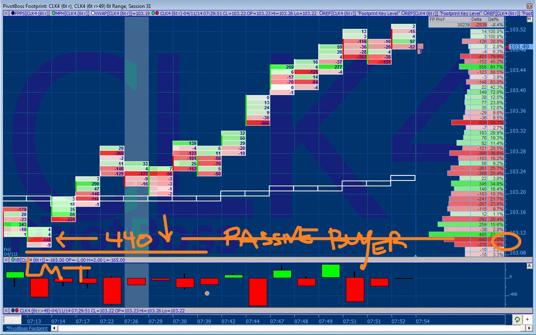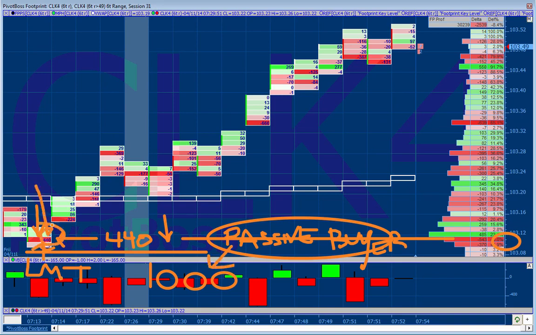Okay? 103.11. So at 103.11, there's a passive buyer, and maybe, well, we know the passive buyers at that level are much bigger. But maybe this passive buyer has 1,000 contracts sitting there. So when this person thinks that they're a big fish coming in to sell 440, you have a passive buyer right here that's putting in 1,000 right there.